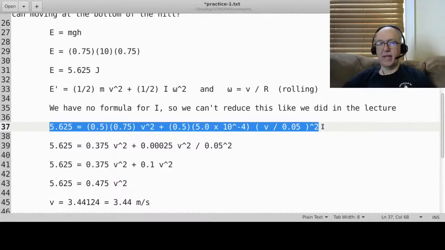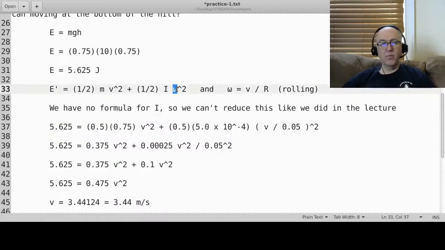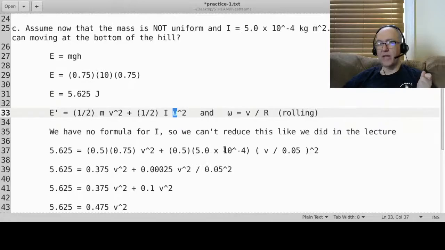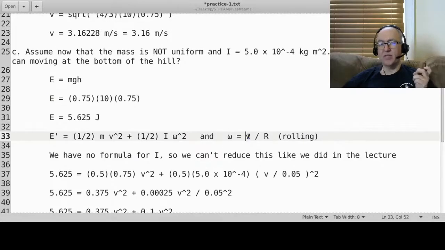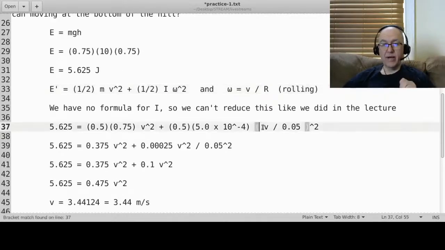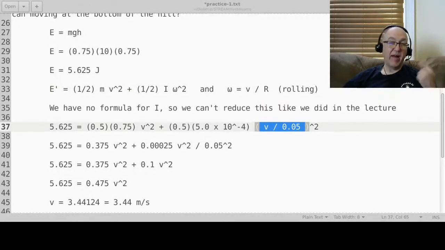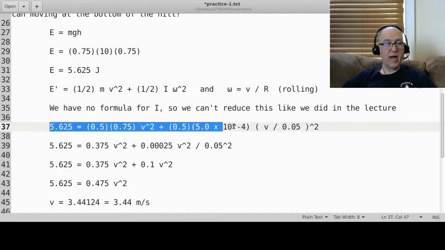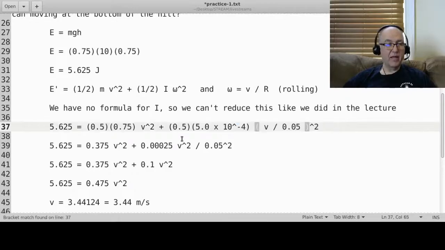You have to really know what's being asked for. When it's asking for the angular velocity, you don't really have that. What you have is the radius of the rolling object, and you want to find the velocity of the center of mass. So when you go to put in that omega, you don't put in omega, you put in v divided by r. R you have, v you don't. From this point on, it's just a matter of isolating v.